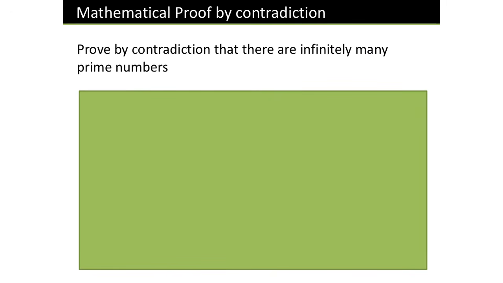Okay, so we need to prove by contradiction that there are infinitely many prime numbers. So what are we going to assume? We're going to assume there is a finite number of prime numbers.